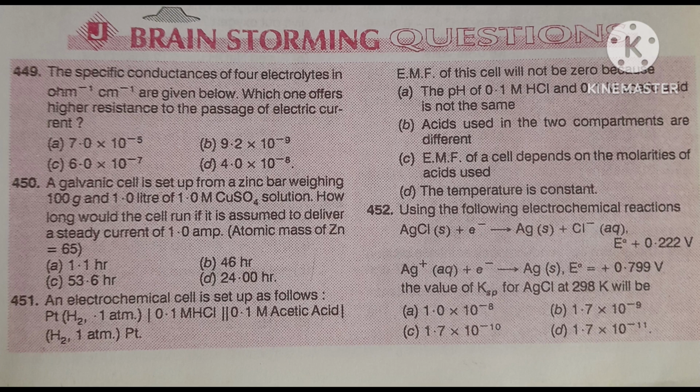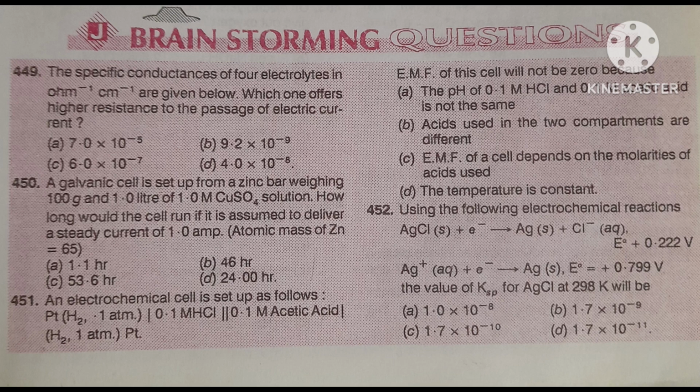This is actually total seconds, because I is equal to only 1, hence 2 into 96,500 seconds. That you can convert into hours by dividing it by 3,600. 60 into 60: in 1 minute 60 seconds are there, and in 1 hour 60 minutes are there.